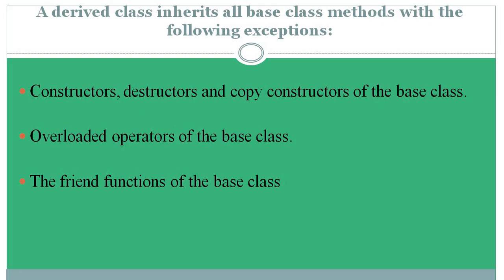Class A inherits from class B: use a single colon, followed by the keyword public and the name of the base class, class B. The line says that class A is derived from the base class, class B.